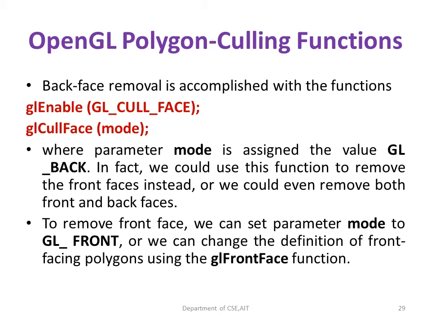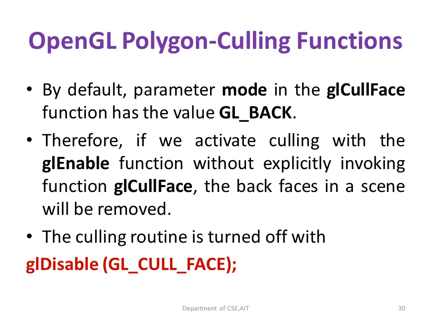If I am going to remove the front face, then I have to make use of GL_FRONT, or also you can go for changing the values in my glFrontFace function. That API you can use for changing the face. The default mode is GL_BACK, and if you want to activate the culling, we should make use of the glEnable function.